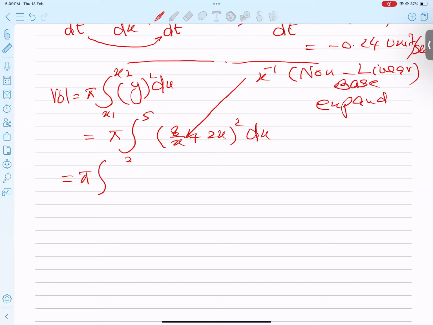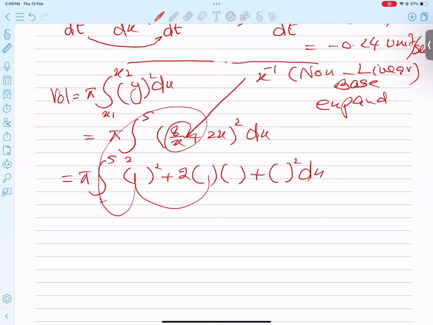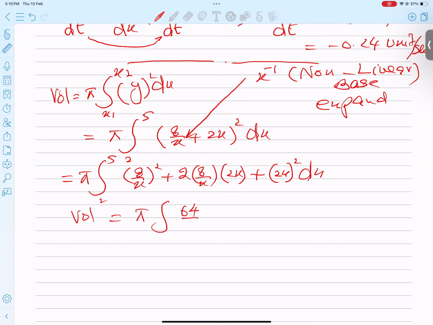So let's try, 2 to 5, first term squared plus 2 into first term, second term, plus second term squared. 8 by x will come in the first two brackets and 2x will go in the next two brackets. Now students, the volume part is pi outside, 64 over x to power 2.